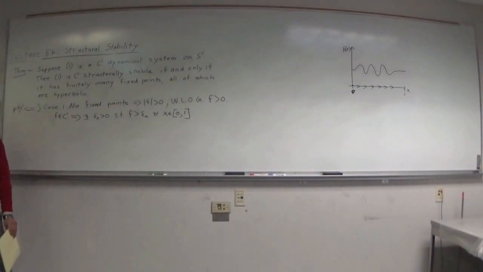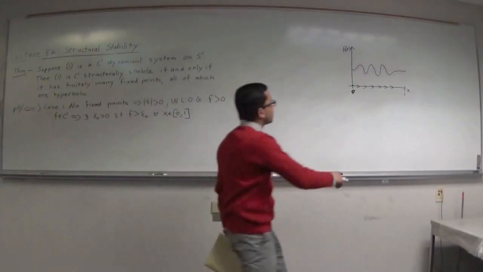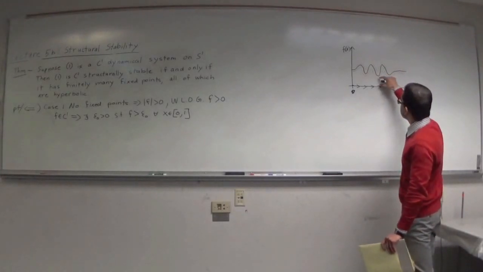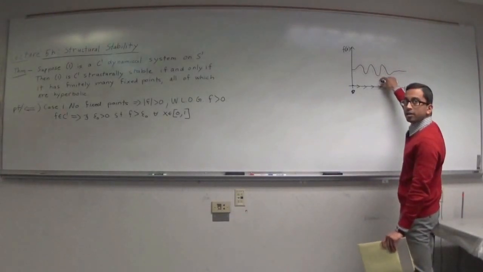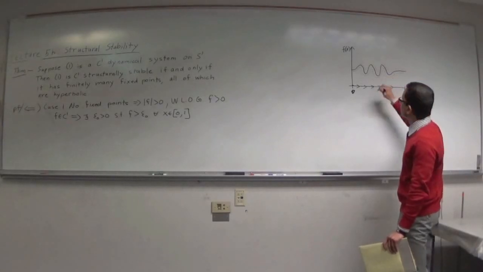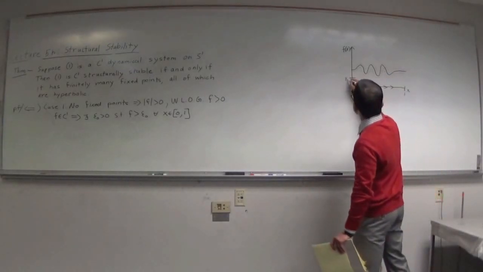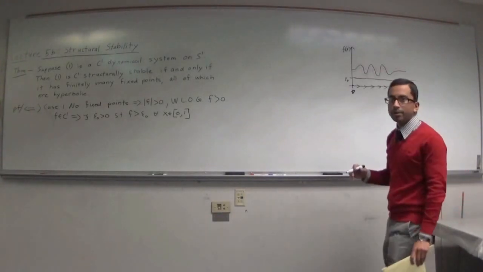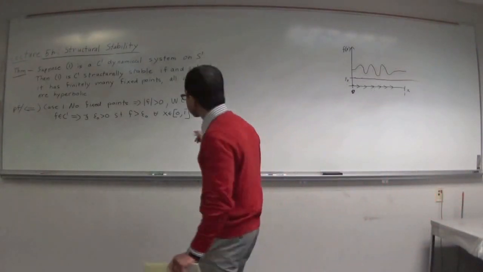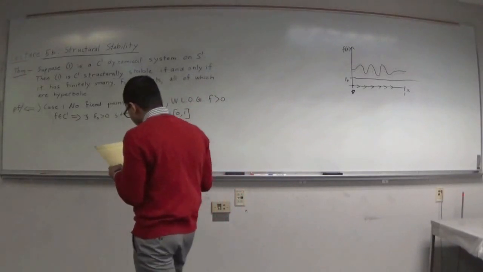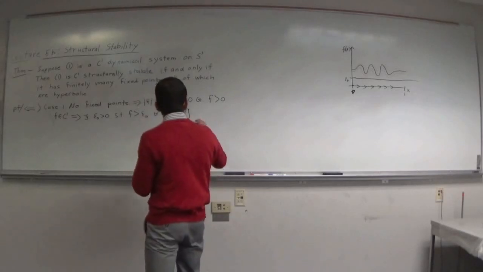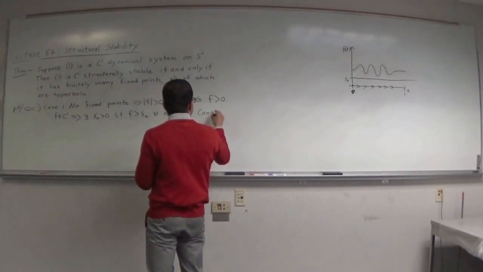Since this is continuously differentiable, there's going to be some epsilon naught that it's greater than. So that's the idea.